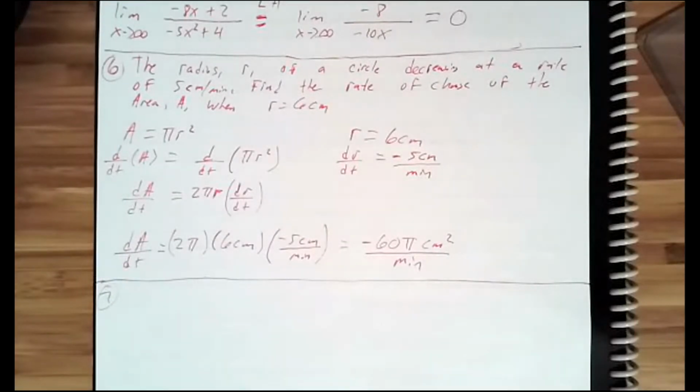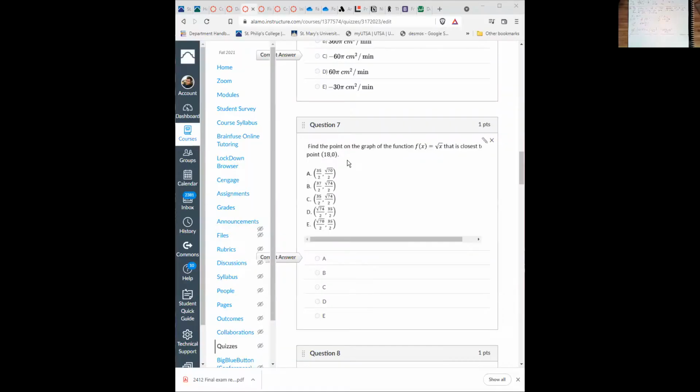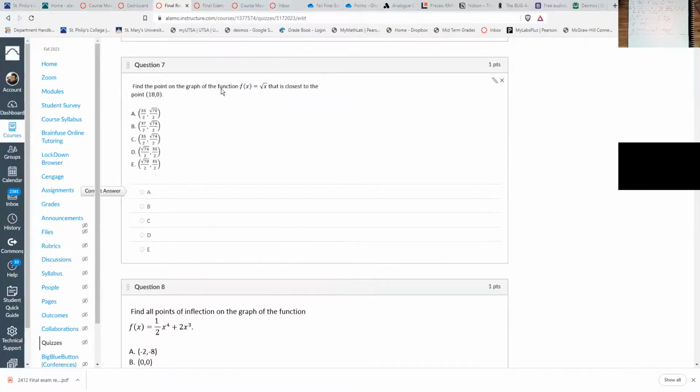Let's see here. Find a point. This one's weird. Check this out. Find a point on the graph of the function square root x that is closest to the point 18 comma 0. Okay.